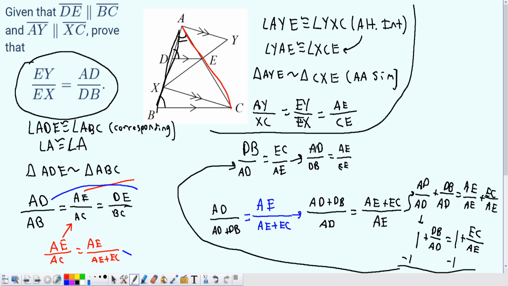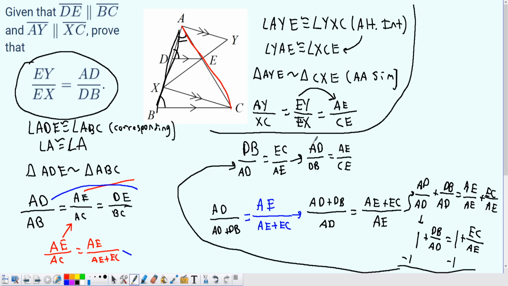Now, this is pretty much it, because what do we get now? Well, in the beginning, we have shown that EY over EX is equal to AE over CE. And that C is looking a little rough there. Let me clean it up. That was shown in the very beginning.